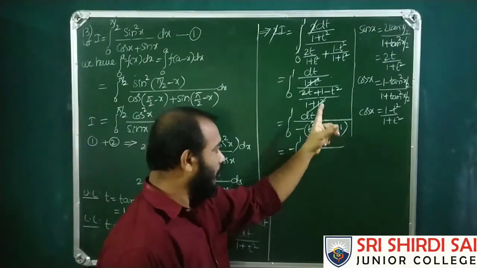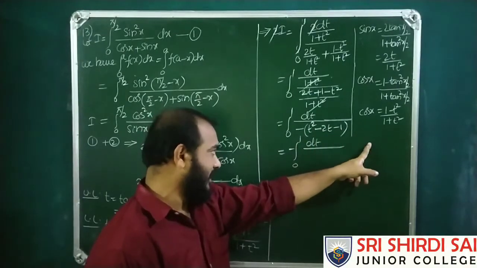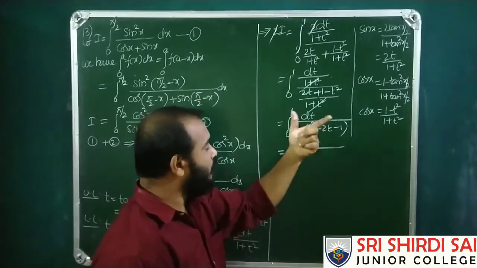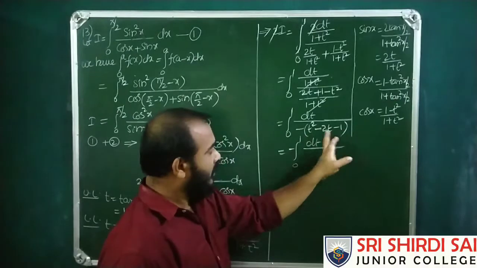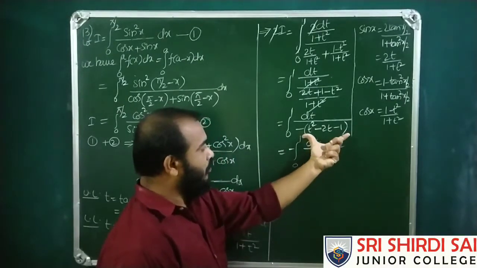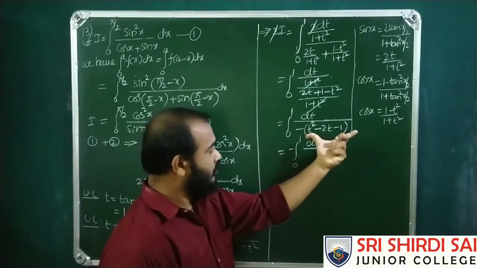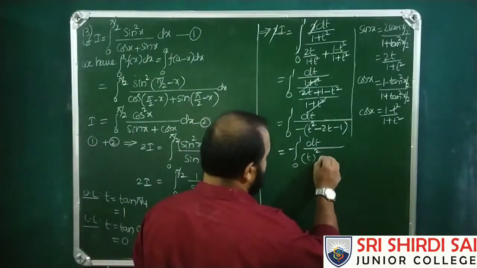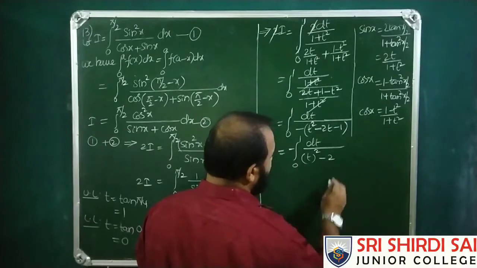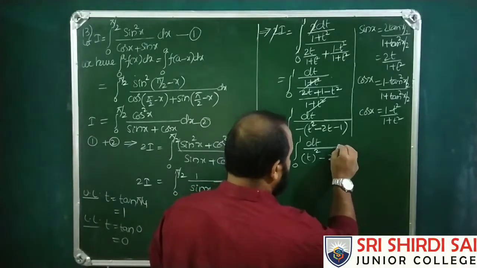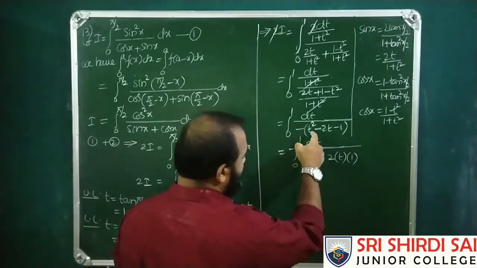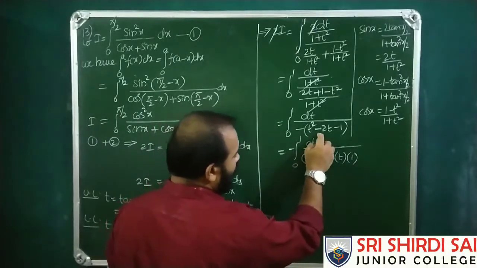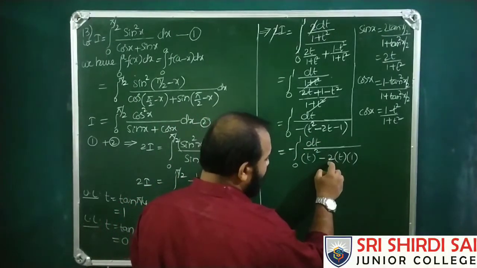So this is 1 by ax square plus bx plus c. So completion of square method. This is a minus b whole square. We need to substitute. We need to change. So t whole square minus 2 into t into 1. So 2t is 2 into t into 1.